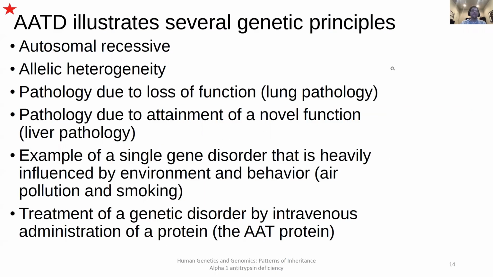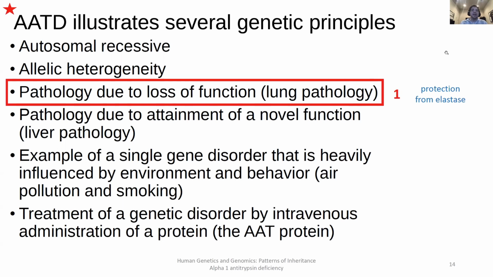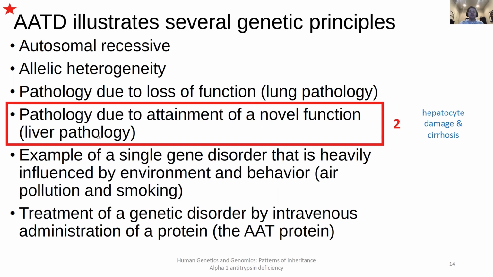Right, so this is the point. I put a star on this. I remember a question on this. It was tricky, and this is the point. Alpha-1 antitrypsin has two effects, and genetically, they're opposite of each other. You have a loss of function mutation in the lungs, so you're losing the protection from elastase, but you also have a gain of anomalous function in the liver, and that's going to cause hepatocyte damage and cirrhosis.